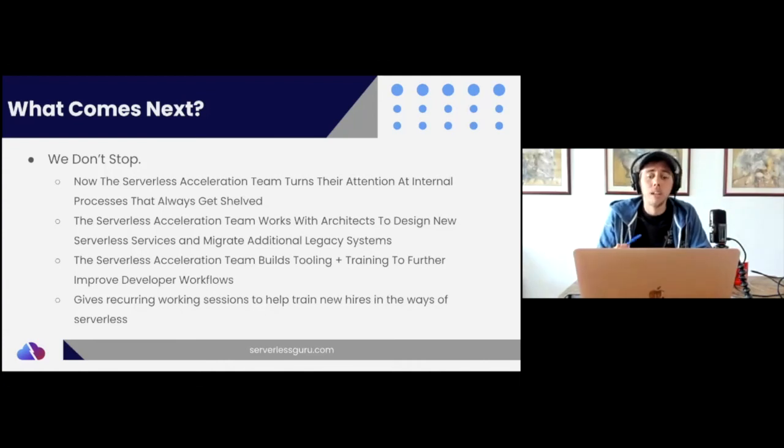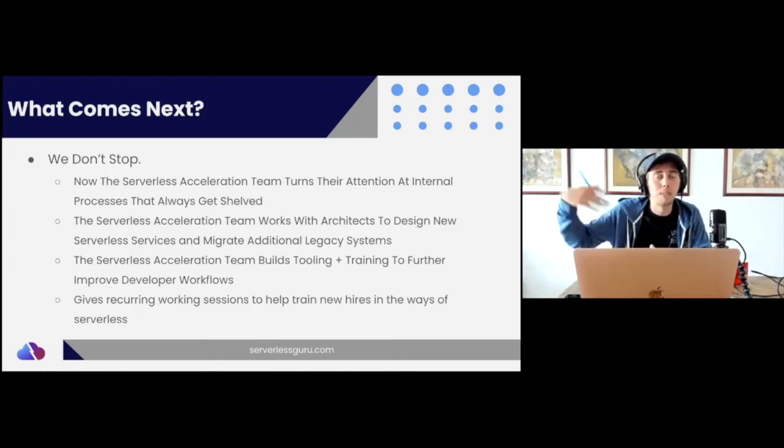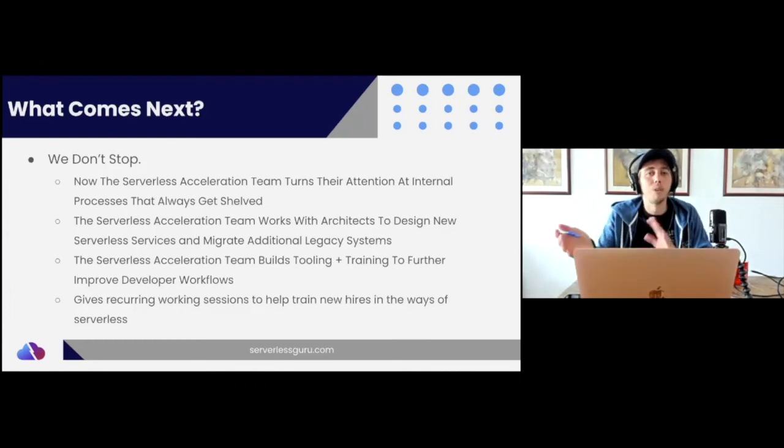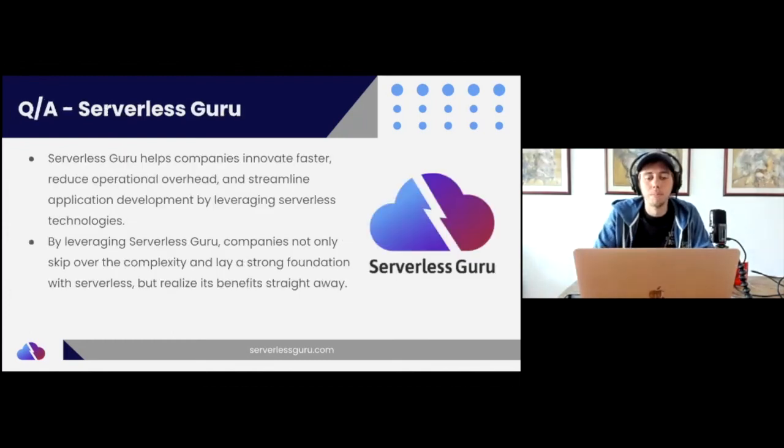In that way, this team is also going to be building tooling and training to further improve developer workflows based on all this feedback as people are building independently. And of course, giving reoccurring working sessions to help train new hires and existing people in different ways of serverless.